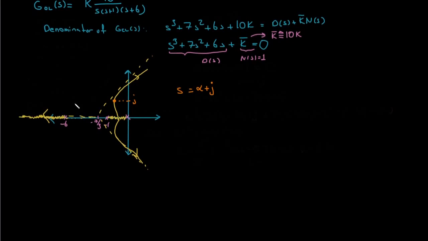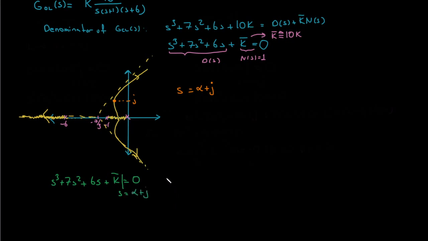So I will have basically, let me write it once again with another color, s cubed plus 7s squared plus 6s plus k bar equals 0 when s is equal to alpha plus j.